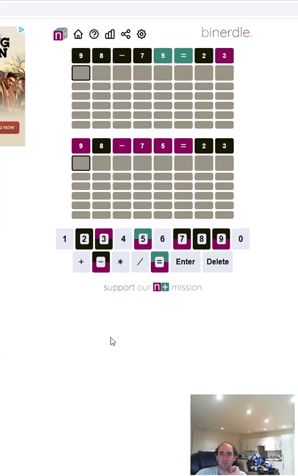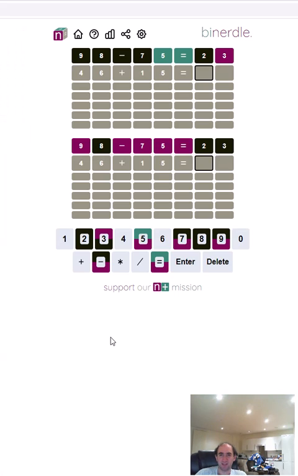Let's have a think about the top one for a minute. What are the possibilities? 46 plus 15 equals 61. Oh no, that doesn't use the 3. Oh, I'm struggling today. How about 36 then?